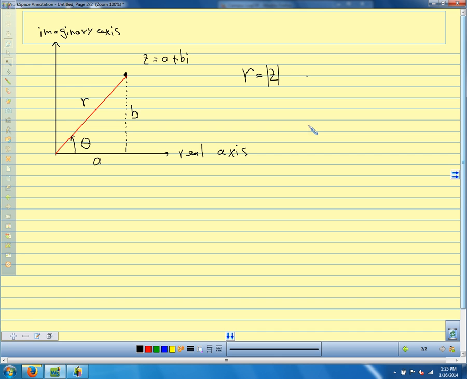And if we label our triangle like this, we can say A equals, how would we find this side of the triangle if we know R and we know theta? Cosine. So it's going to be A equals R cosine theta. B equals R sine theta.